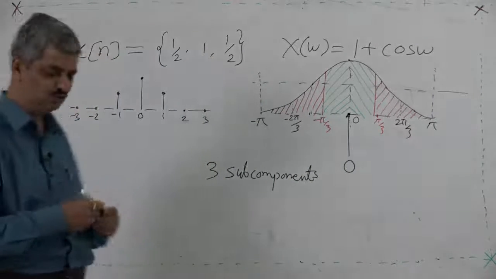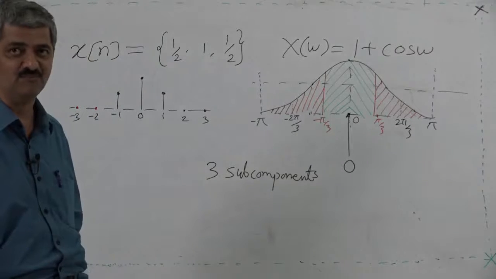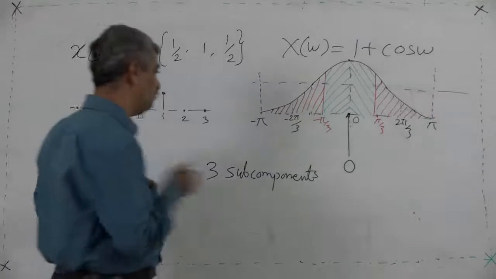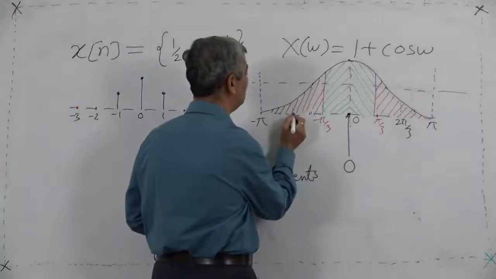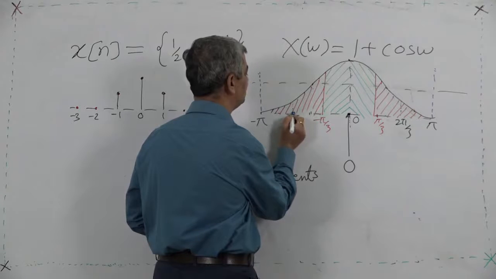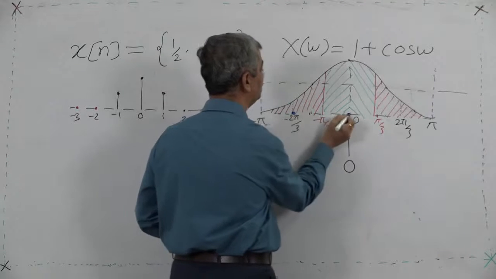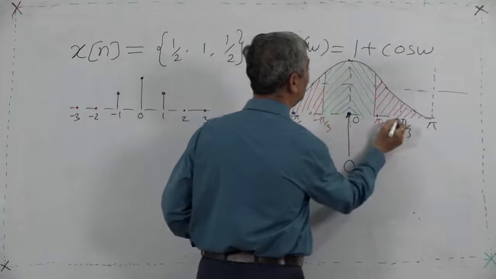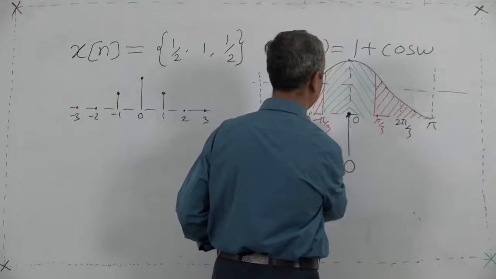I now choose 3 subcomponents of which frequencies? The middle of each strip, that is 2 pi by 3, 0 and minus 2 pi by 3.